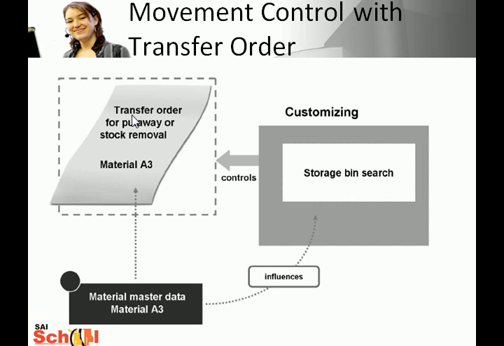When you create a transfer order, the system checks all of the relevant settings at customizing or master data level and uses this data to determine suitable storage bins for putaway or storage bin stocks for removal. You also have an option to select or specify the bins and bin stocks manually. So let us now go into the system and have a quick look at some of these entities and transactions.